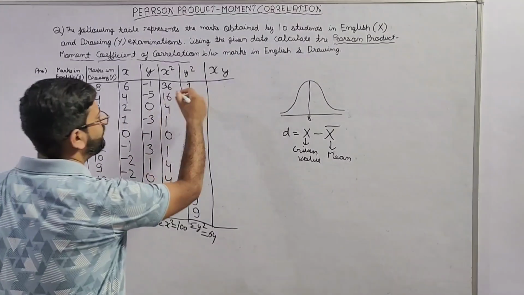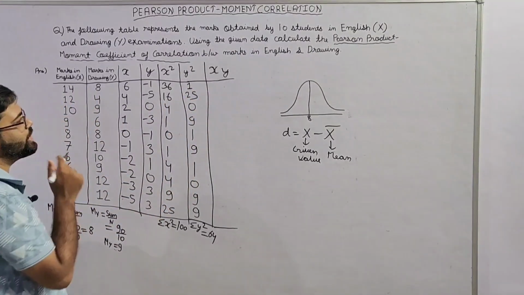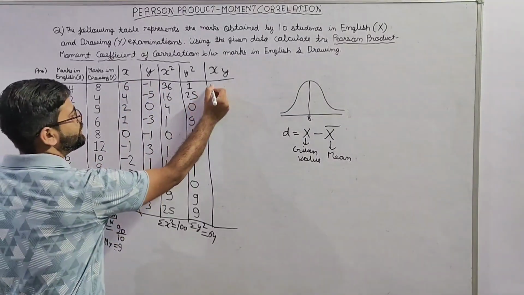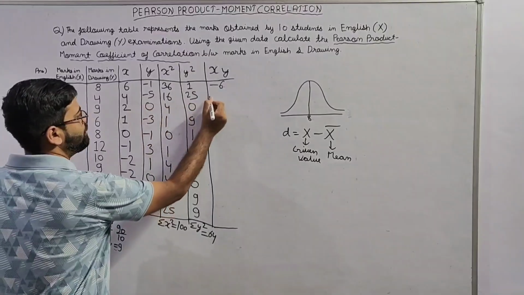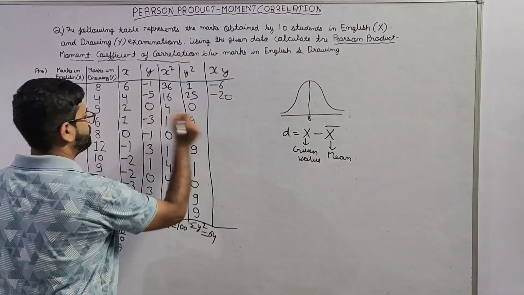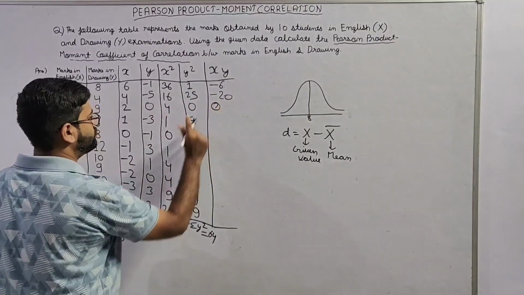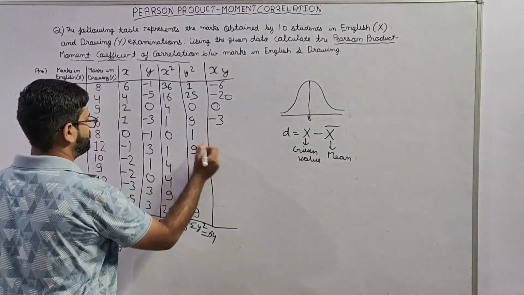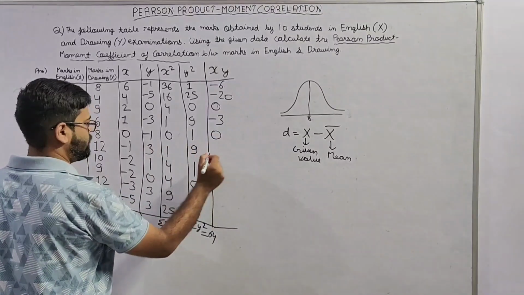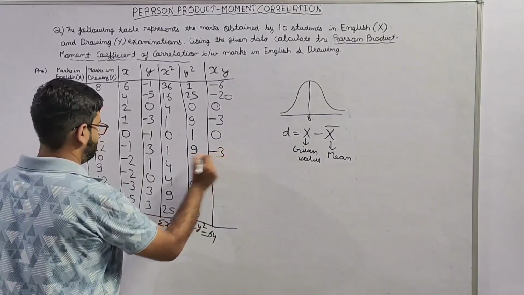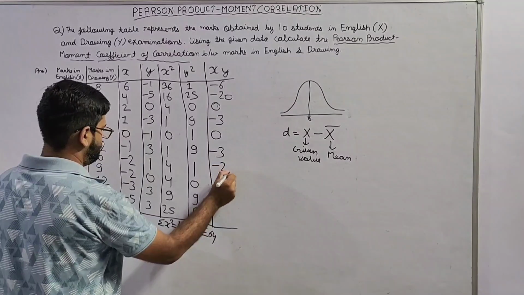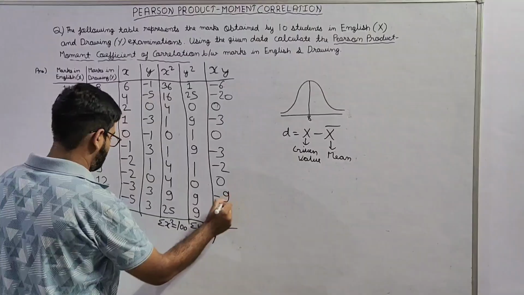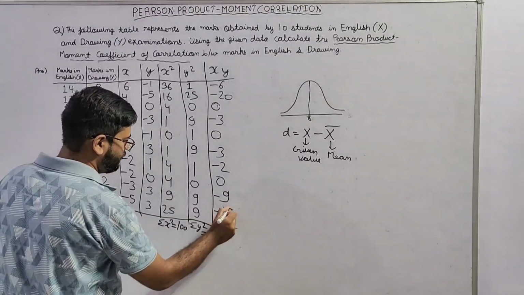In the same way, we find the multiplication of x and y. So it is minus 6, minus 20, 0, minus 3, 0, minus 3, minus 2, 0, minus 9, and minus 15.